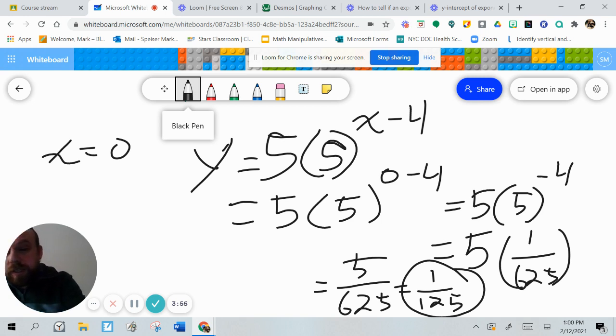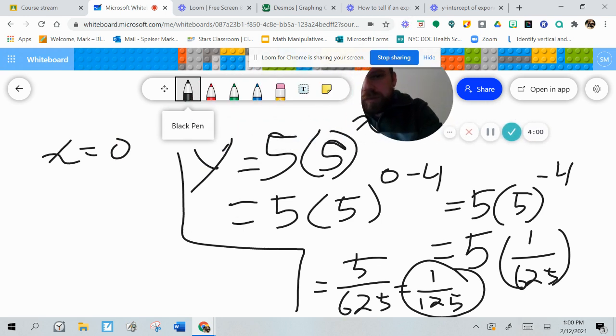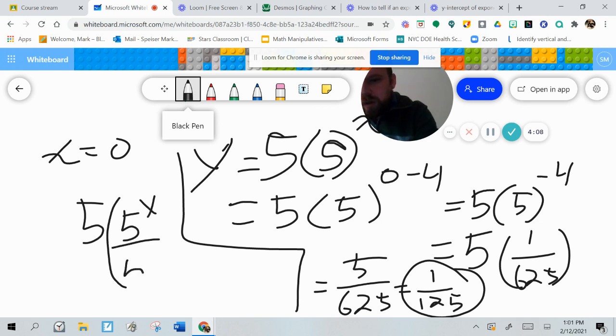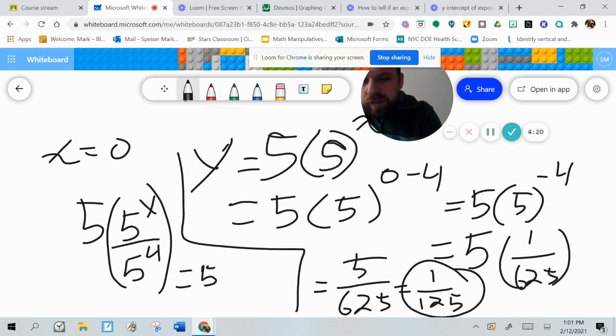Another way to approach this is to rewrite it as 5 times 5 to the x over 5 to the 4th. And then 5 over 5 to the 4th is 5 to the x over 5 to the 3rd power.